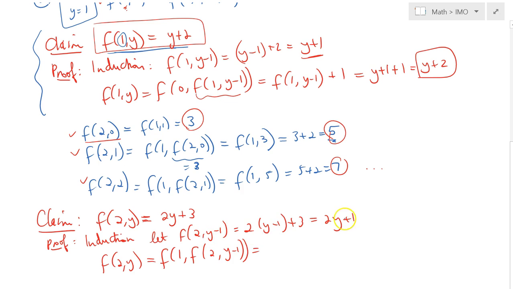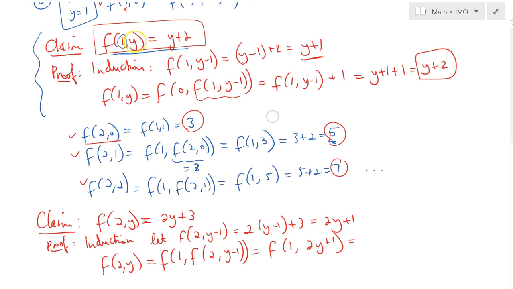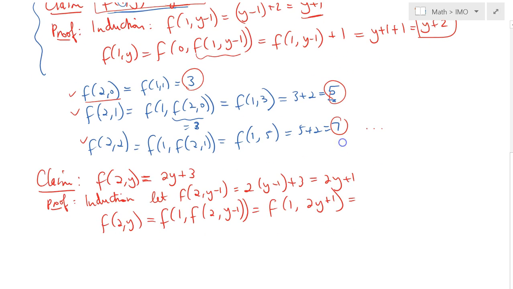But recall f of 2y minus 1 was 2y plus 1, so f of 1, 2y plus 1, and finally f of 1 of something is, by this definition, just adding 2 to the other argument: 2y plus 1 plus 2, which is 2y plus 3, and this confirms the claim. So our claim is sustained.